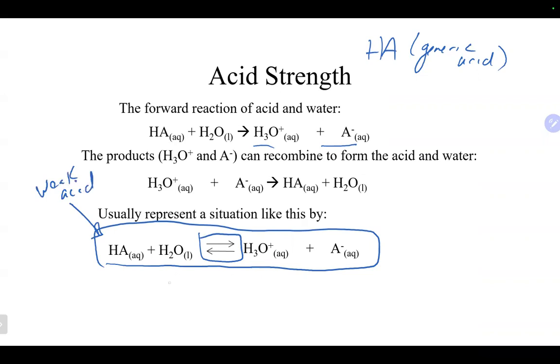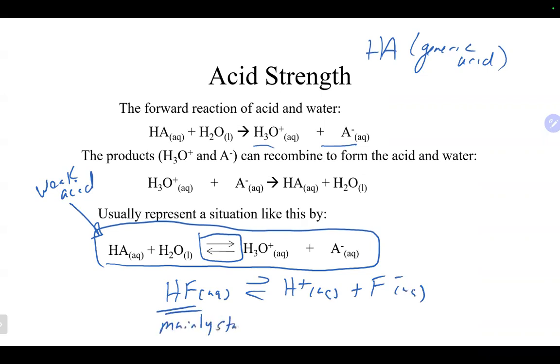A weak acid is really a weak electrolyte. A very popular weak acid is HF, which is hydrofluoric acid. Once again, when it goes into solution, it will mainly stay together, but it will produce a little bit of these ions. And because it's still able to produce some H plus, it is considered an acid.